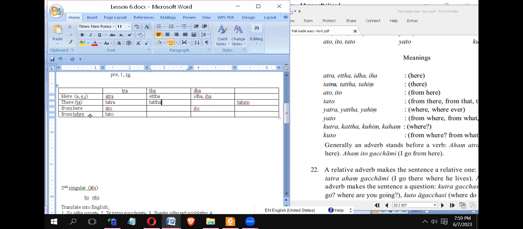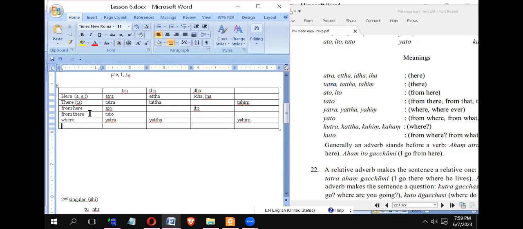Then you got the where. This one we learn later. So you got yatra, yatha, yahim. Then from where, yato.